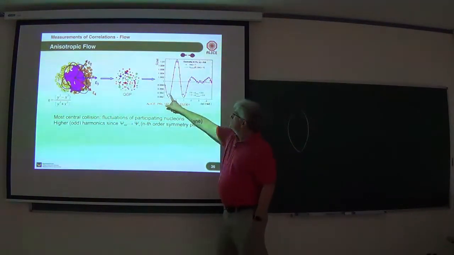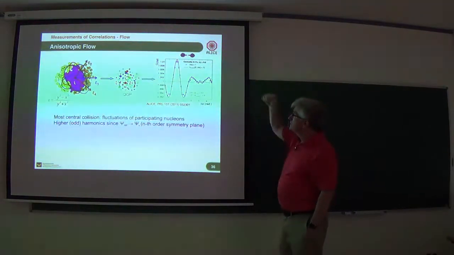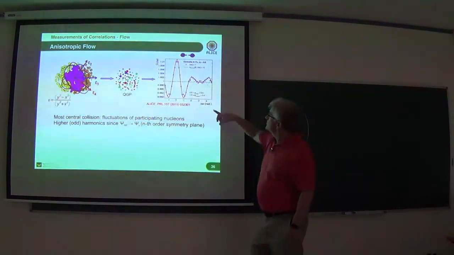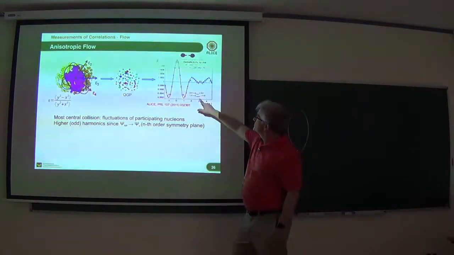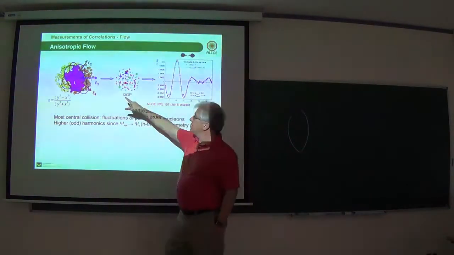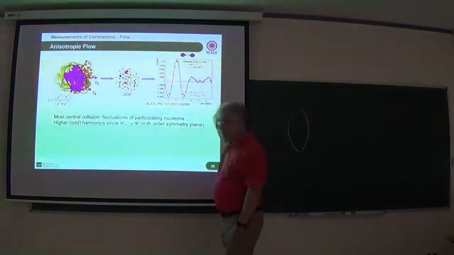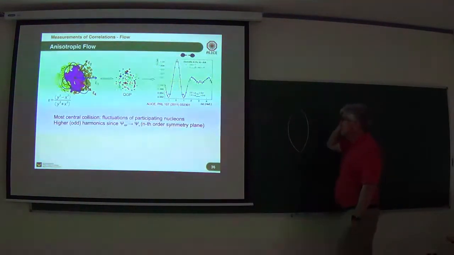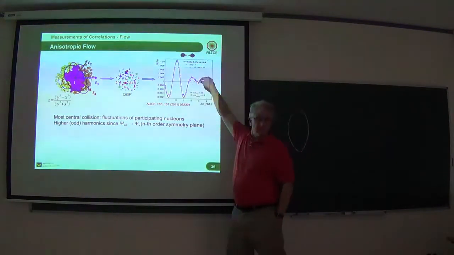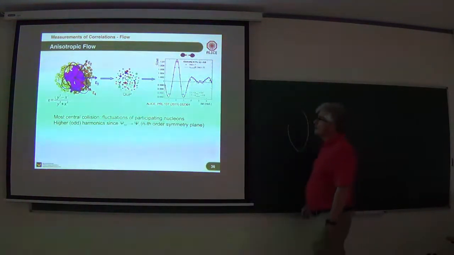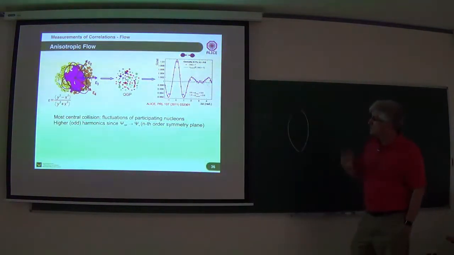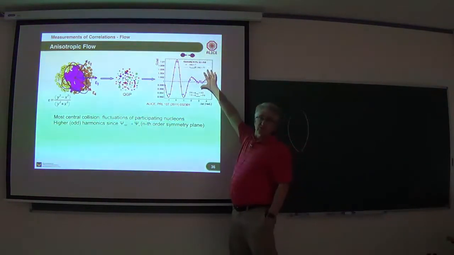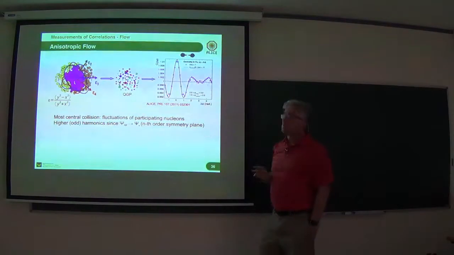The measurement is shown in blue. The red line is a fit. And what you'll notice is the existence of this dip on the away side. To explain this dip, one needs a strong E3, a strong triangular component, and only with the existence of this triangular component can you explain this strong dip. There was a lot of work done in 2005, 2010 to try to understand this, whether this could have been due to some Mach cone effect, but it turns out that it's flow.